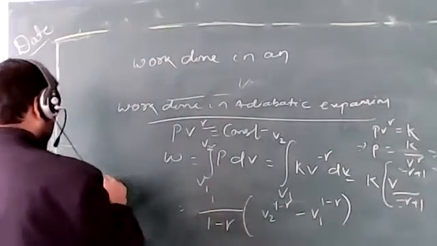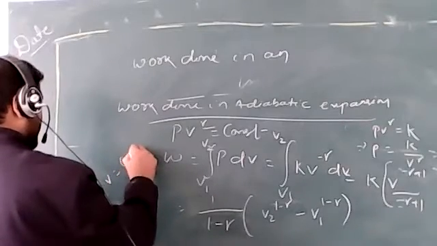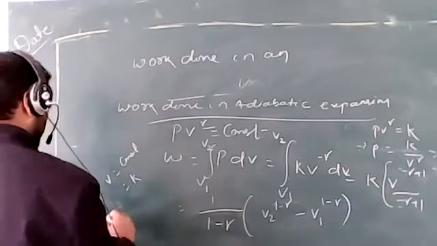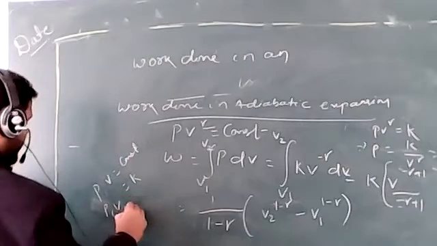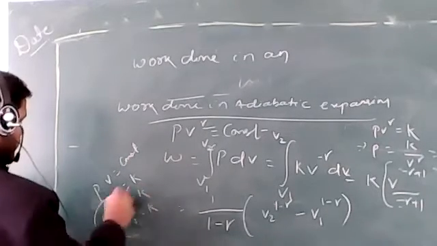We know that pv equal to constant, or k, it is called k. So you can write p1 v1 equal to constant, as well as p2 v2 equal to constant also, okay.